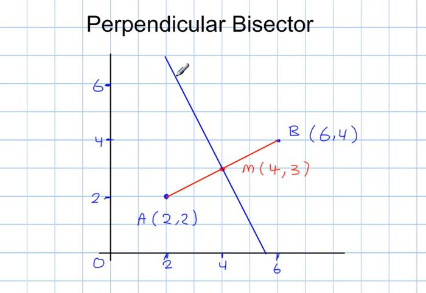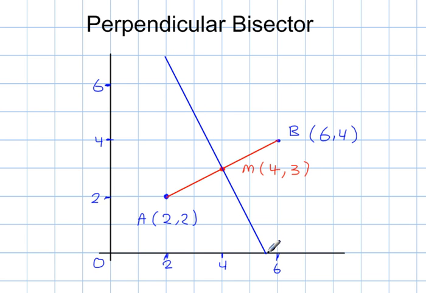What we're looking for is the equation of this line here, the equation of the perpendicular bisector of AB. To write down the equation of this line here, all we need are two things. Coordinates for one point that the line goes through, so that's the midpoint, we already have that, and the gradient of the line.